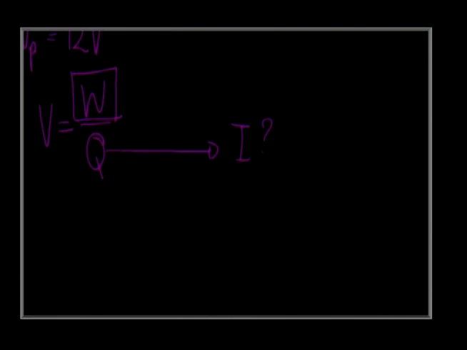But in order for us to calculate charge, we need to have current, because charge comes from your current multiplied by the change in time. Time we do have, so let's find our current first. Potential difference for the parallel circuit is equal to the current for the 12 ohm resistor multiplied by the resistance for resistor 2.